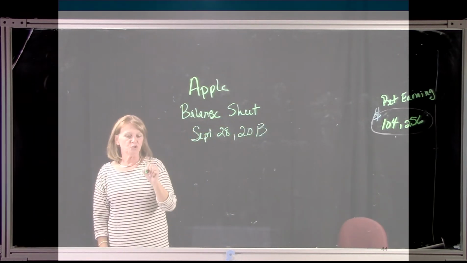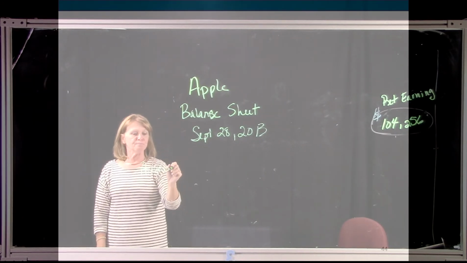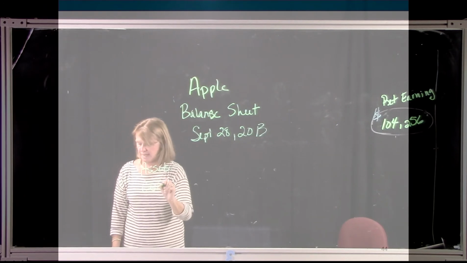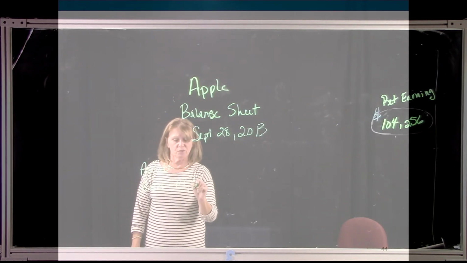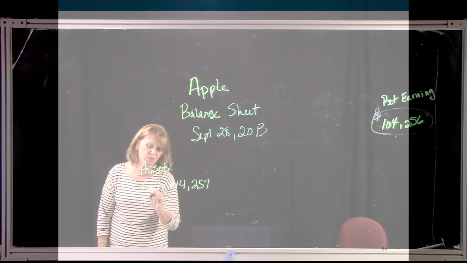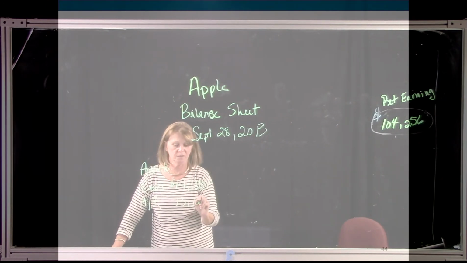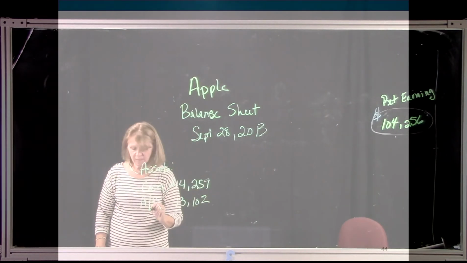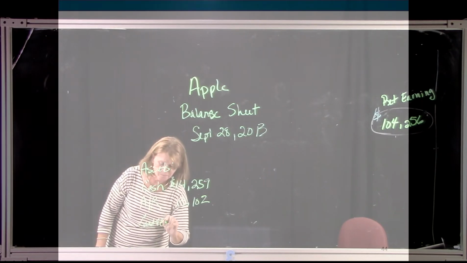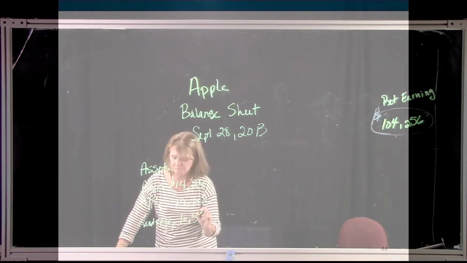All right. Your chart of accounts on the prior PowerPoint showed you what your assets were. Your cash is $14,259. Your accounts receivable, AR, is $13,102. Land and equipment is $16,597.